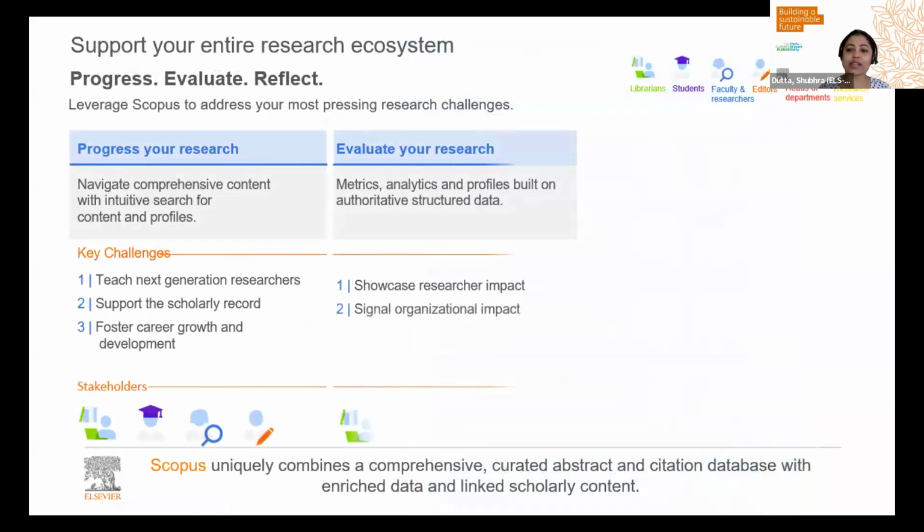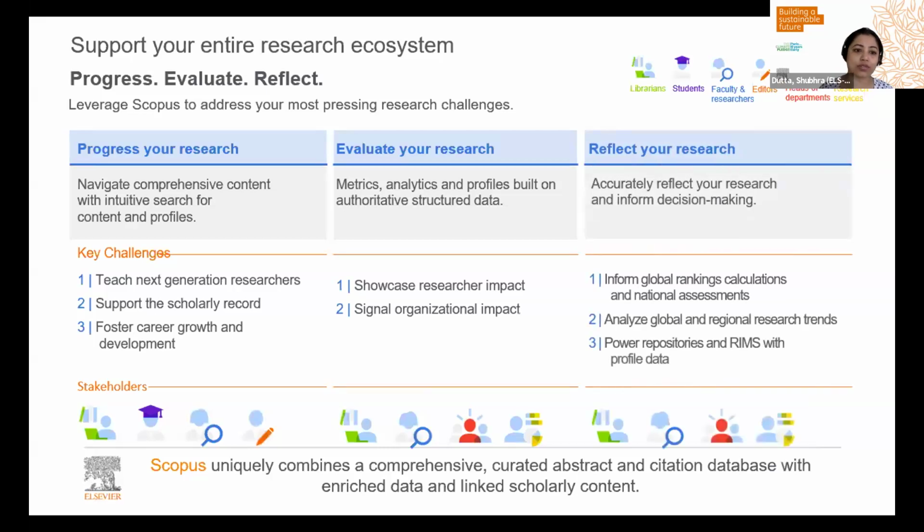So before we get into the session, for people who do not know much about Scopus, let me just give you an overview. Scopus is the largest abstract and citation database, and there is a vast amount of data and metrics available on Scopus, which help you to evaluate the progress of your research and also the impact of your entire research ecosystem.